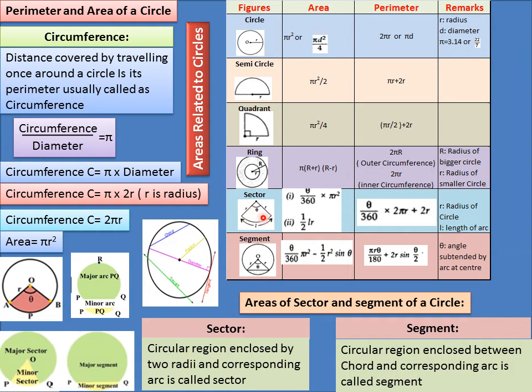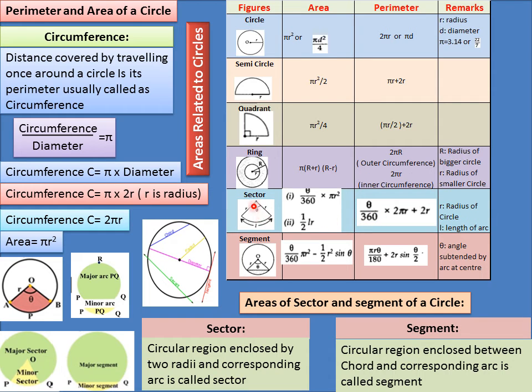If theta is known, we will be able to find the area of this sector. Suppose you are given the arc length L, then you can use this formula to find the area of this sector, half L into R.